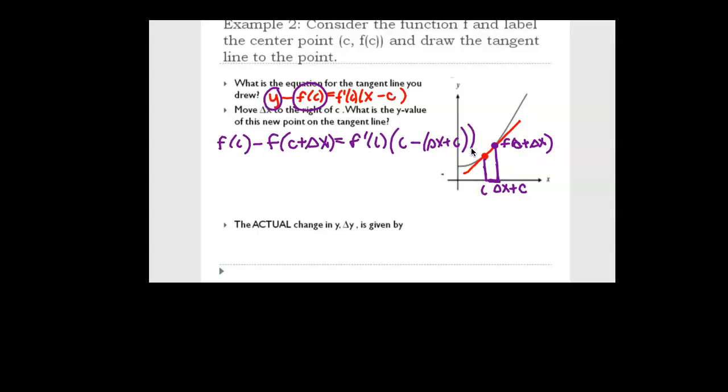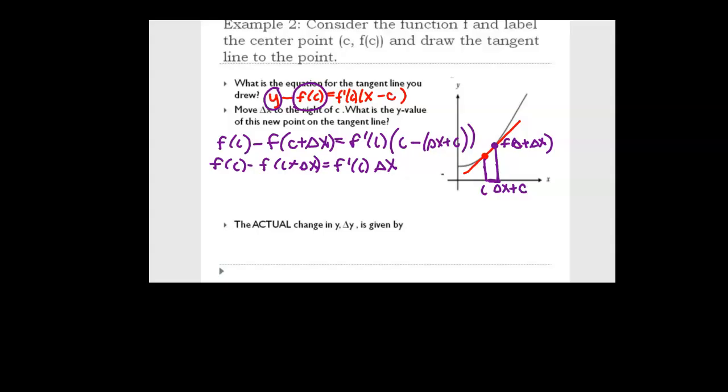So if you distribute that negative inside, you get negative delta x minus c. So what do we know about c minus c? It goes away. Now you have f prime of c times delta x.